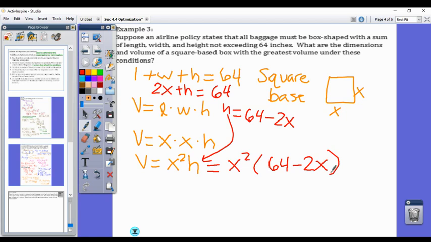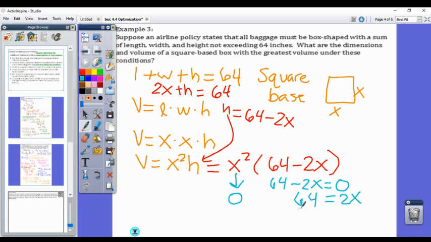Okay, so before I FOIL this or distribute this out, I'm going to set each of these pieces equal to 0 to get my bounds for my x. So in this case, from the beginning piece, x squared, that's giving me a lower bound of 0. And then if I do 64 minus 2x equal to 0, I get 64 is equal to 2x.